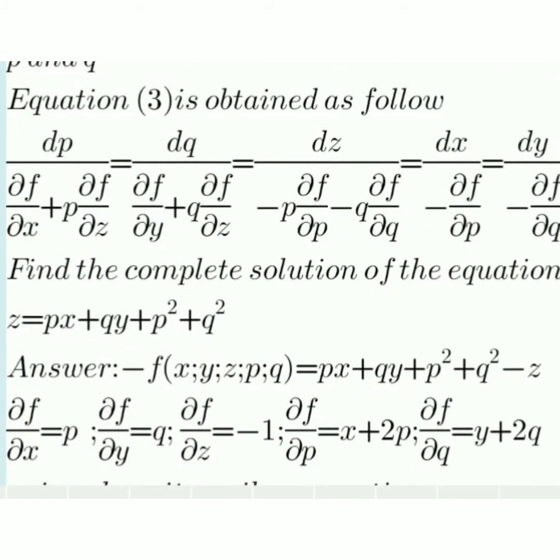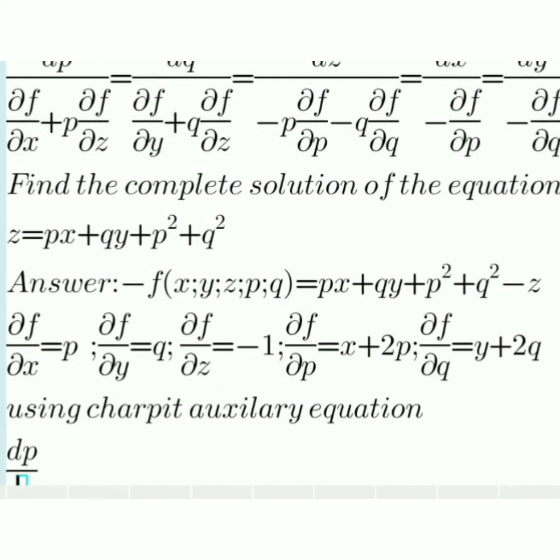If you follow this, del f by del x is equal to p, and del f by del z is equal to -1.